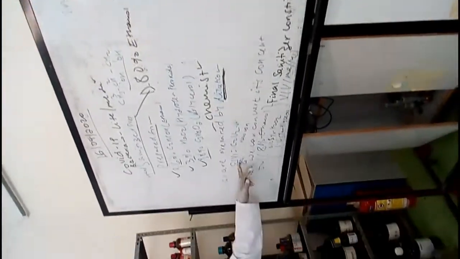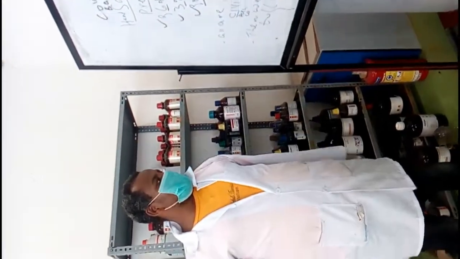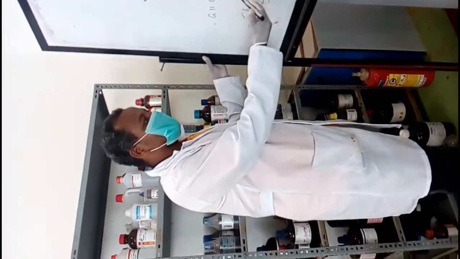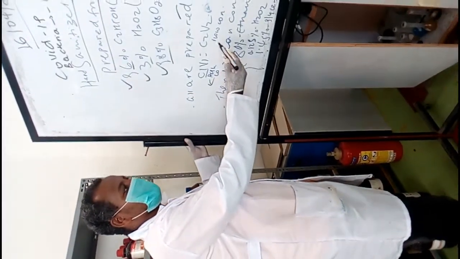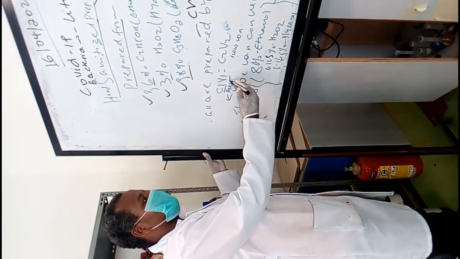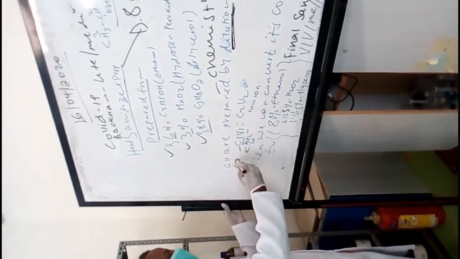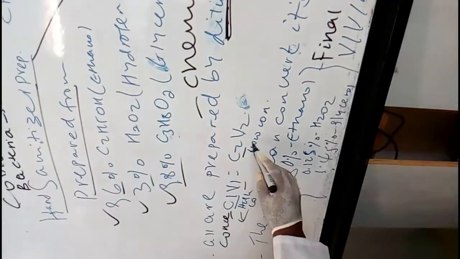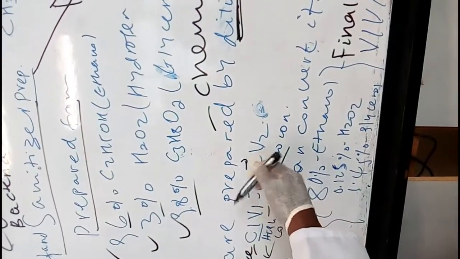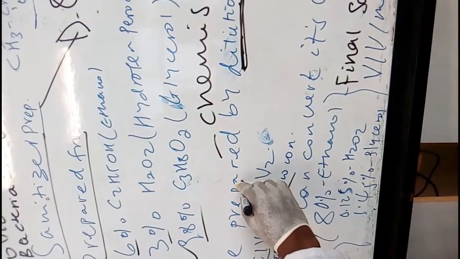In general, the dilution is C1V1 = C2V2, where C1 is the higher concentration and C2 is the lower concentration. V1 is the volume you take from the concentrated one, and V2 is for the lower concentration, that is the concentration that we are going to prepare by dilution.